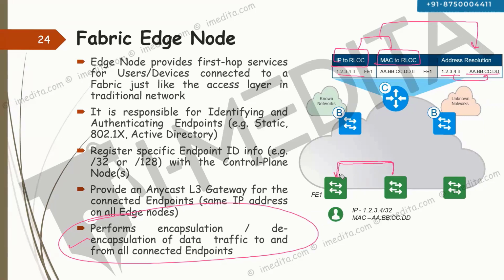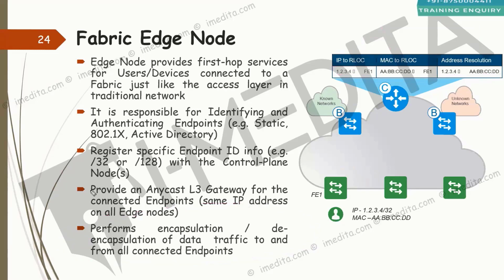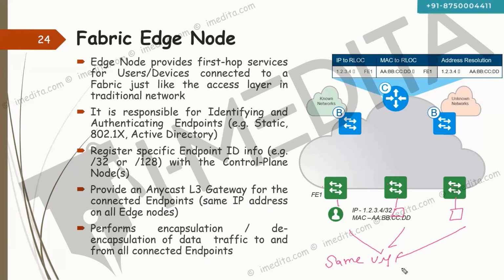Okay, fine. Now, one more thing, which is quite unique to this SDA. If we have, for example, 3 fabric edge nodes and we have 3 users there, all of these users, let's say, belong to the same VRF, same VN. We call that in terms of SDA VN, virtual network.